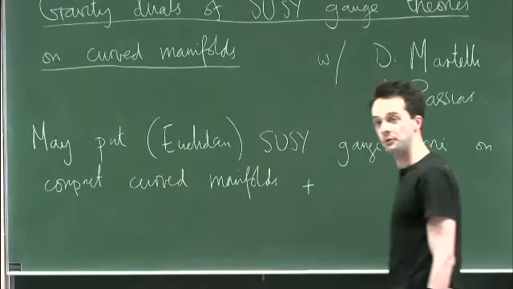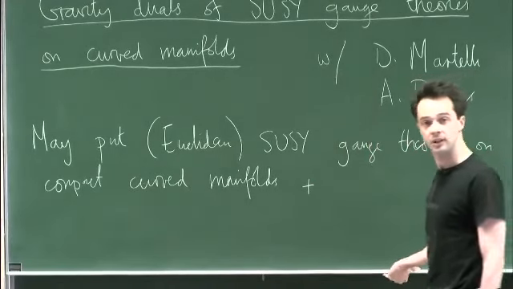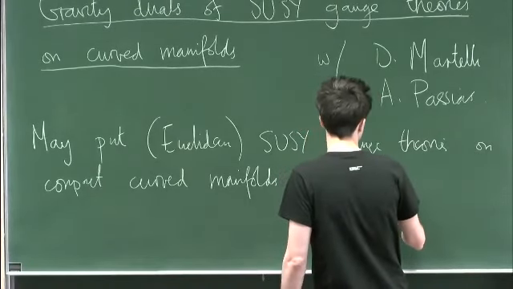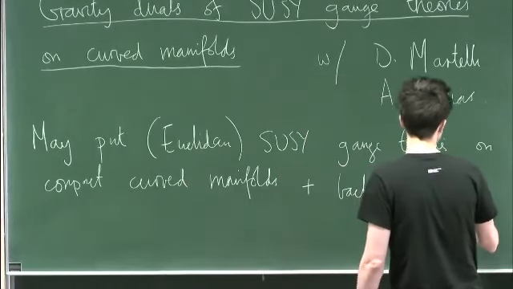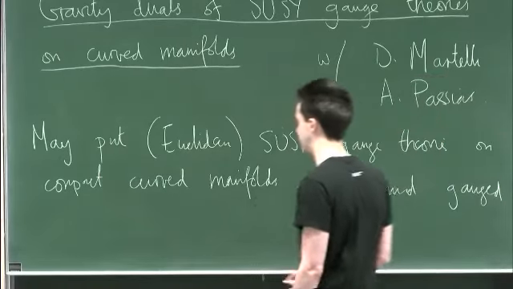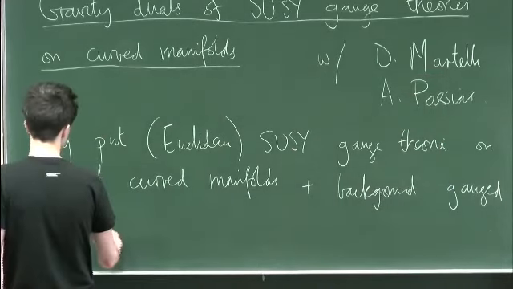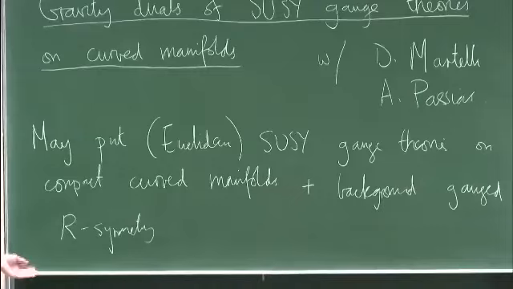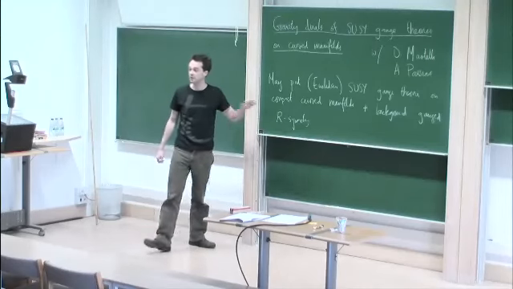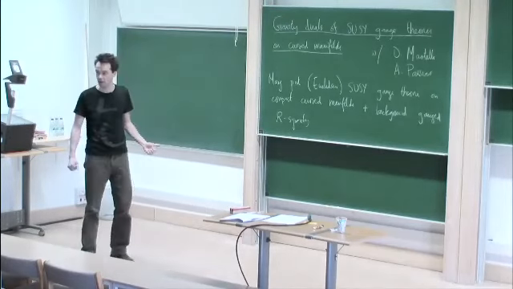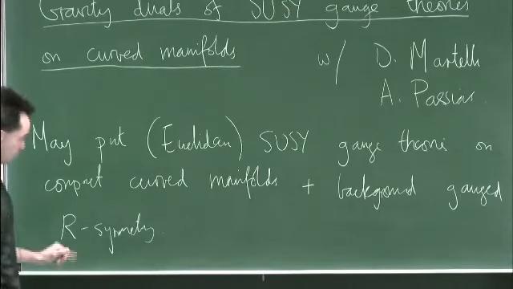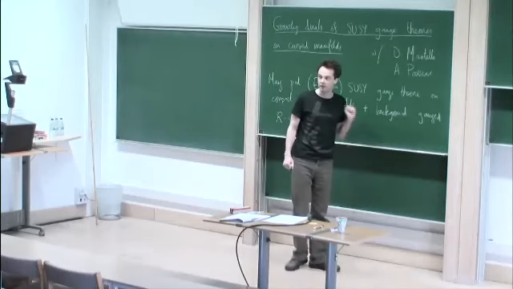And when you do that, you also have to turn on a background gauge field, plus background gauged R symmetry. So these will be supersymmetric gauge theories I'll be considering, for which you can have an R symmetry, that is the fermions are charged, the Killing spinors are charged under a U(1) R symmetry, and I turn on a background gauge field for that.